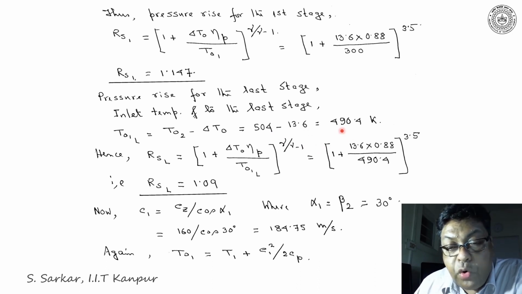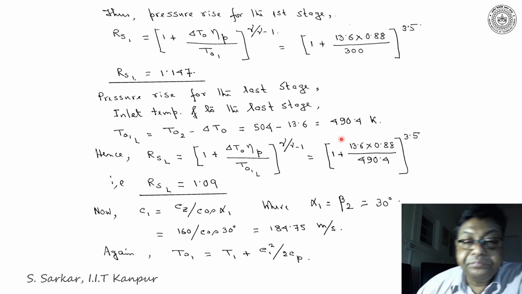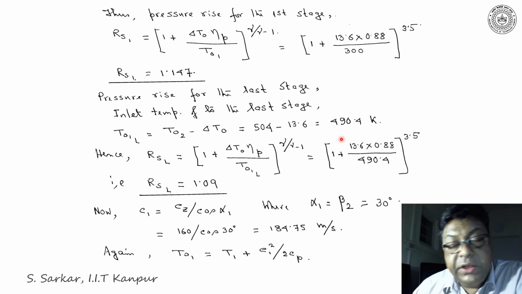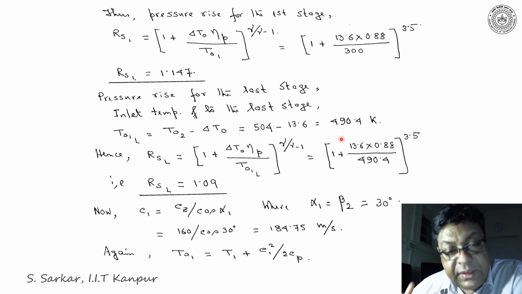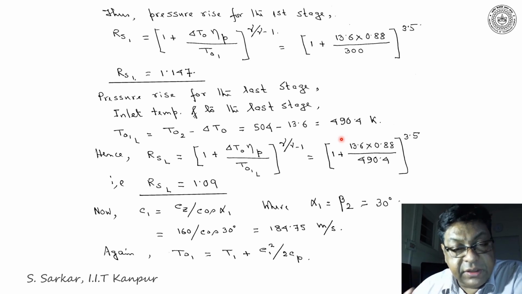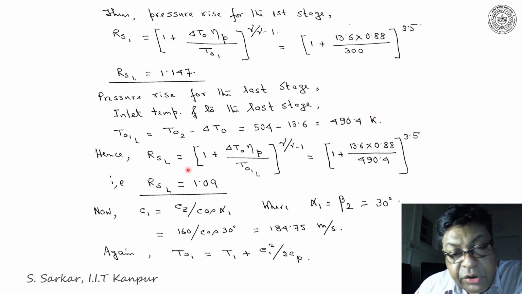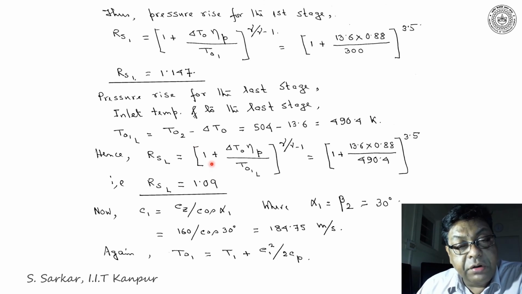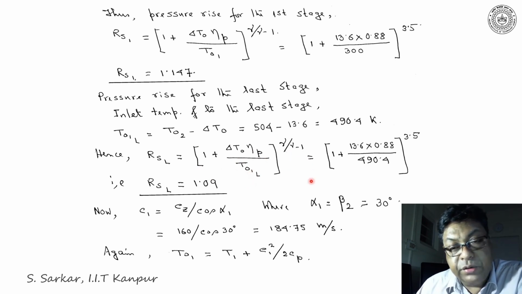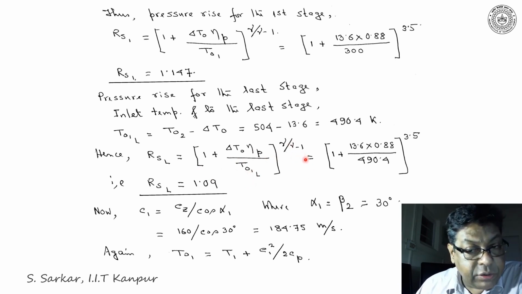It would be equal to 490.4 K. Thus T01L, that is inlet total temperature to the last stage, is equal to 490.4 K. So pressure ratio here would be equal to, within bracket, 1 plus del T0 eta P divided by T01L to the power gamma by gamma minus 1.